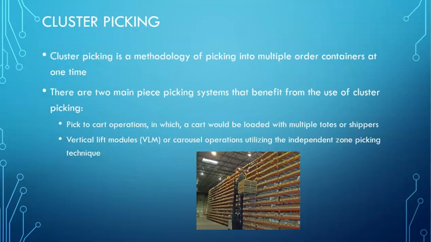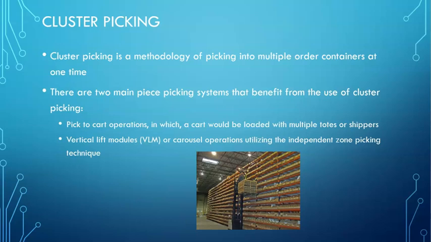Cluster picking is a methodology of picking into multiple order containers at one time. The containers could be either totes containing order batches, discrete order shippers, or discrete order totes.